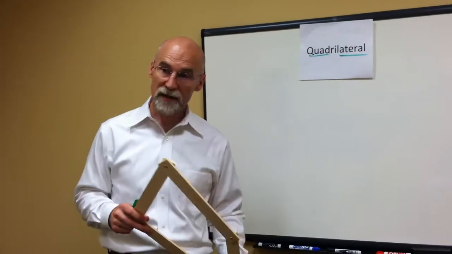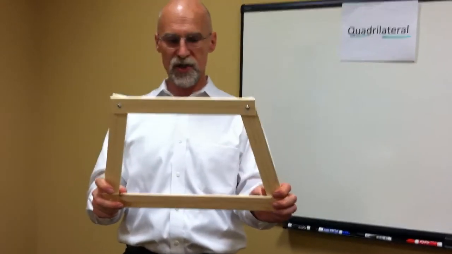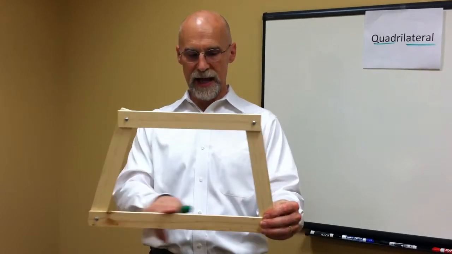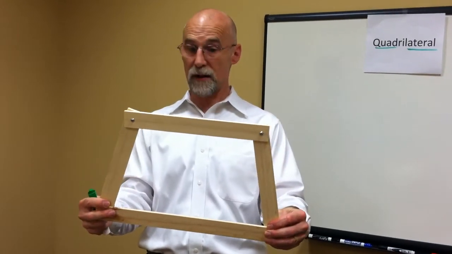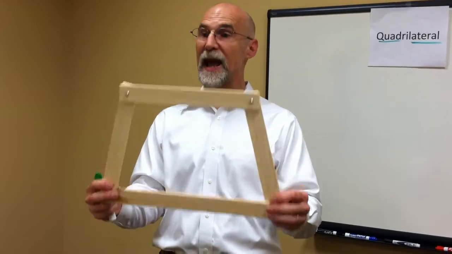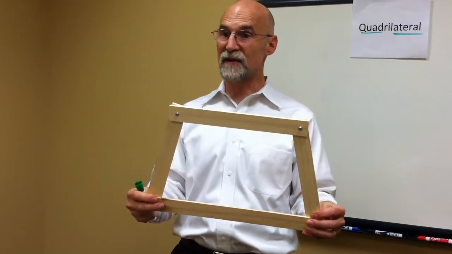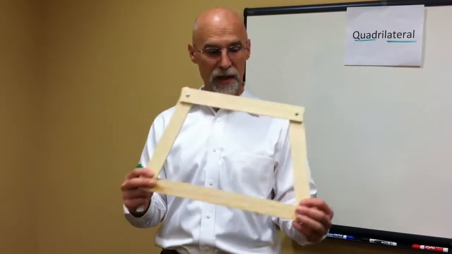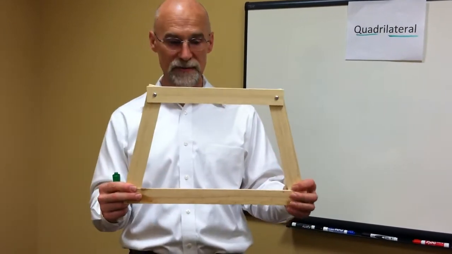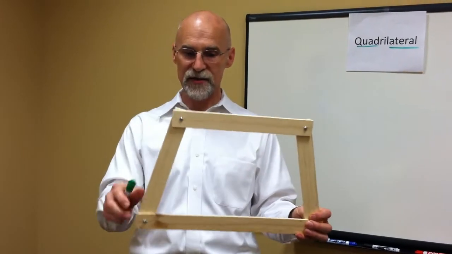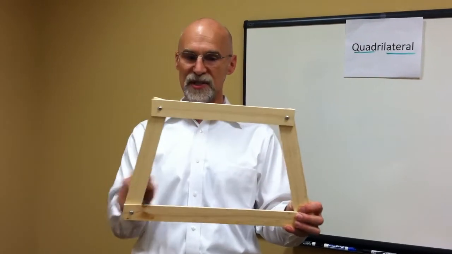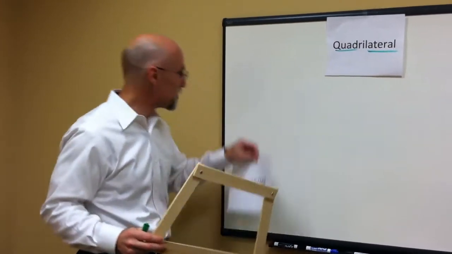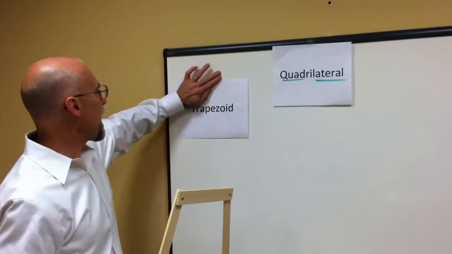But if we wanted to, we could adjust it just right so that this top side and this bottom side are parallel. If we do that, it now becomes the first classification of more special geometric figure, which we call a trapezoid. A trapezoid is simply a quadrilateral, meaning it has four sides, and two of the opposite sides are parallel. So the first of our more specialized shapes is the trapezoid.